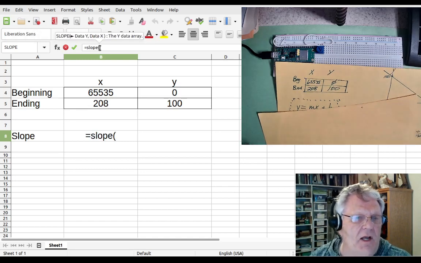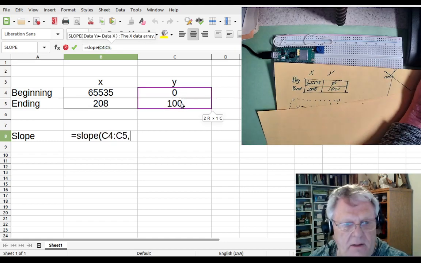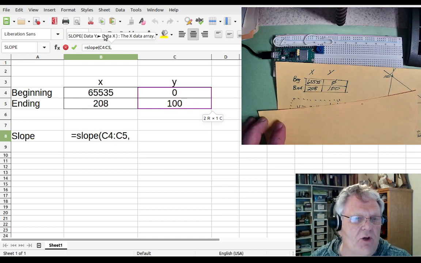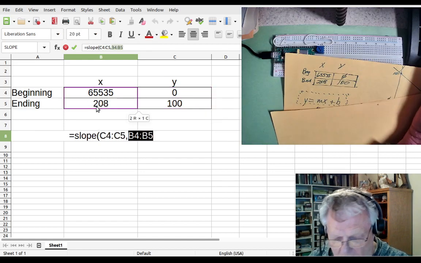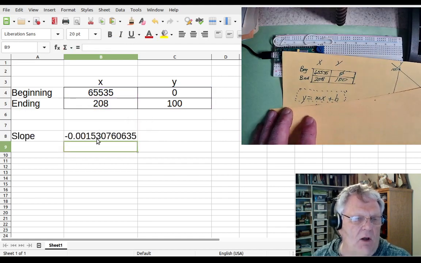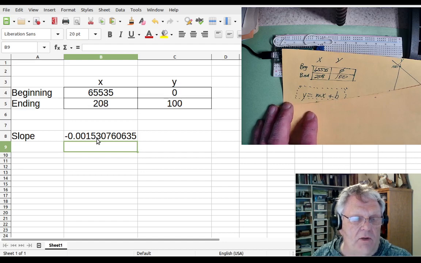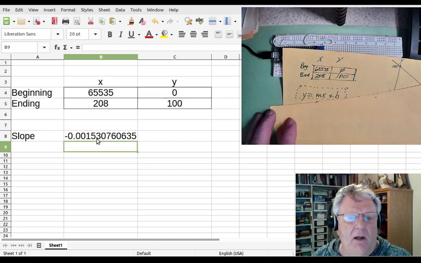Then it says to show your y data up here, so there's my y data, and then you put a comma, and it asks for the x data, which is right here, and you put a paren, and there is the calculated slope. So this is a good way to double check or to get a quick number for all those calculations.